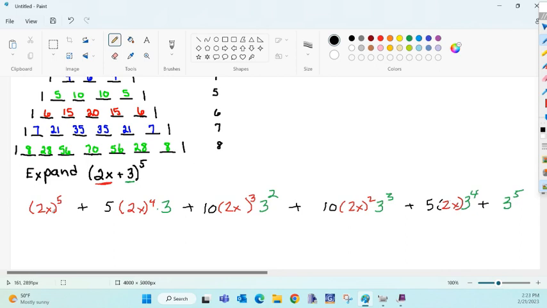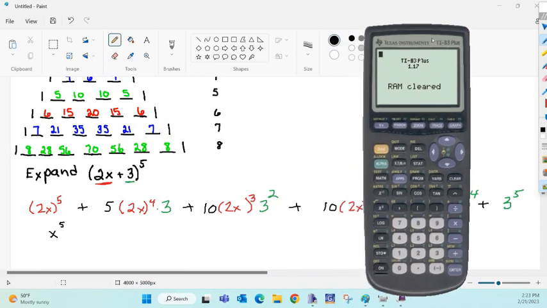Now here, this one, x is to the 5th power, but I need to take 2 to the 5th power, so I'm going to use the calculator a bit. Sorry about that. Use your calculator and find out how much 2 to the 5th power will be.